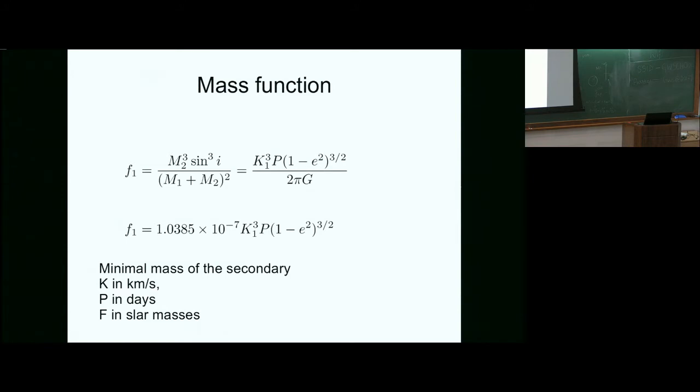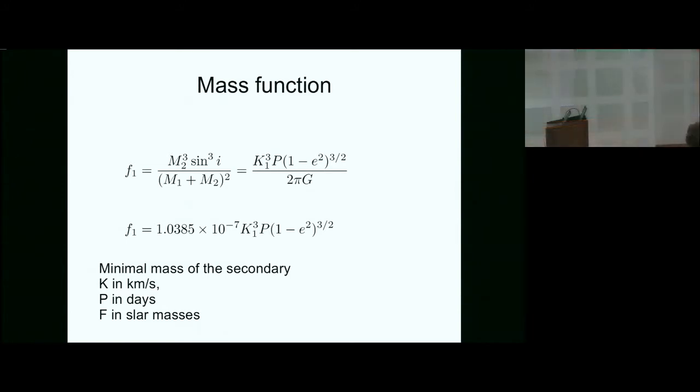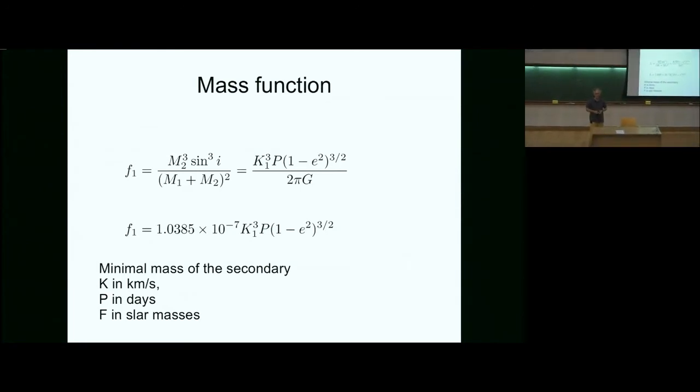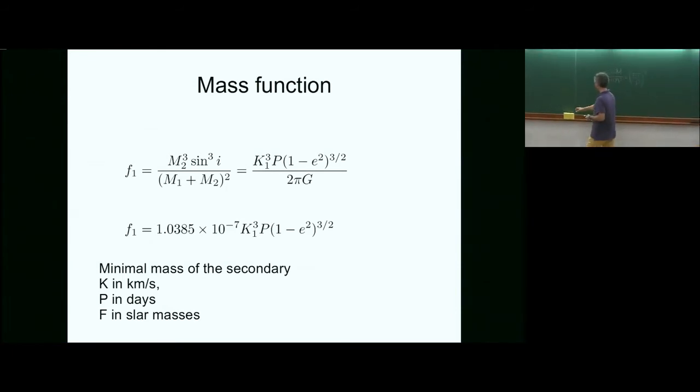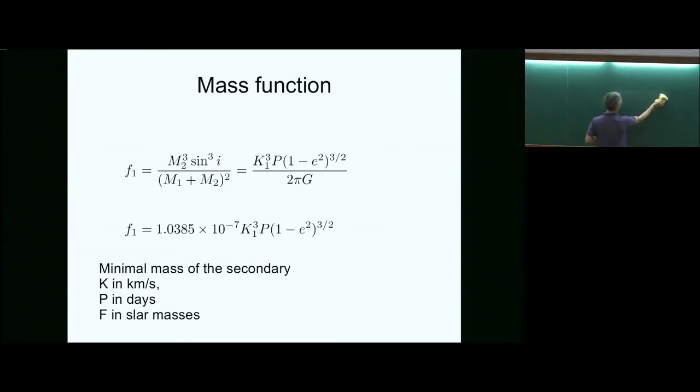Are you familiar with what the mass function is, or is it the first time you see something like that? The first time, yes. Okay, so I will not be deriving this now. We can do it later in the tutorial.